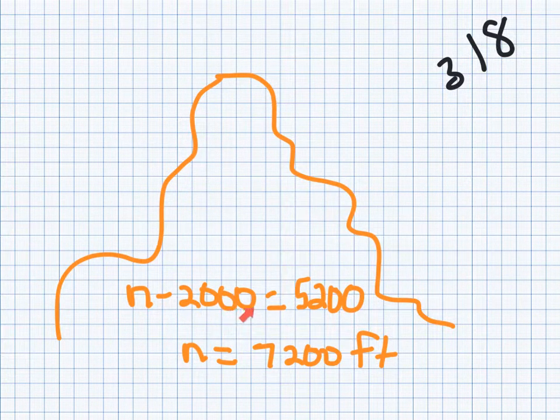So n minus 2,000 equals 5,200. We don't know where we started, and when we add that together, we know that we started at 7,200 feet. So the point at the top here where they started to come down the trail, the elevation will be 7,200 feet.